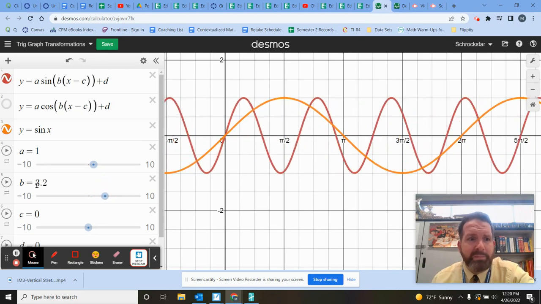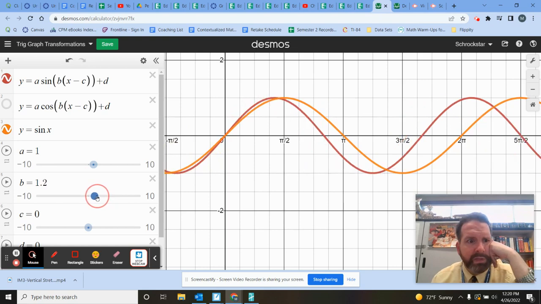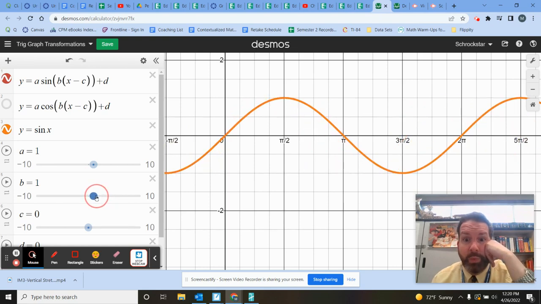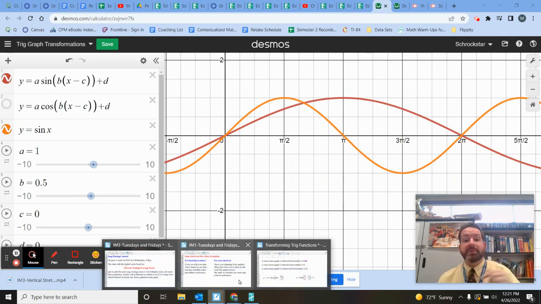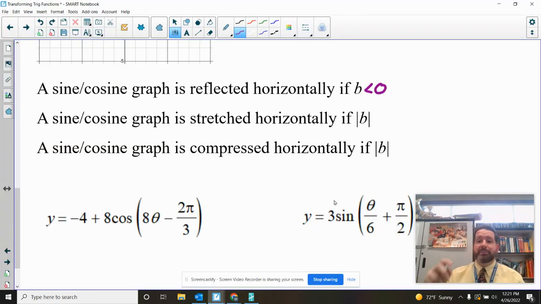So for big numbers like 3.2, we have a compression. When b is equal to exactly 1, the two graphs are the same. And now when b is less than 1, okay, now it's stretched out. This is very similar to the previous case with the vertical stretches and shrinks.